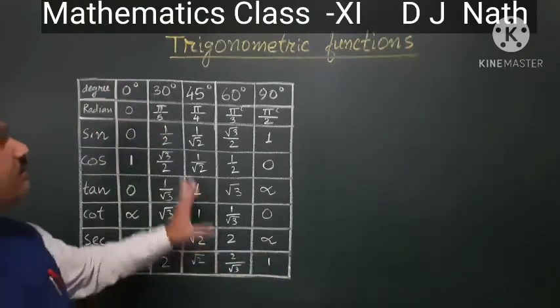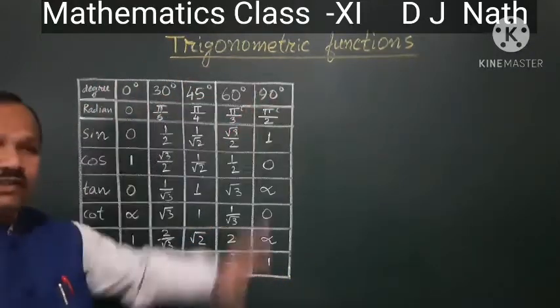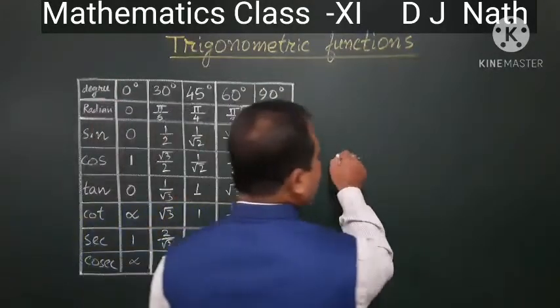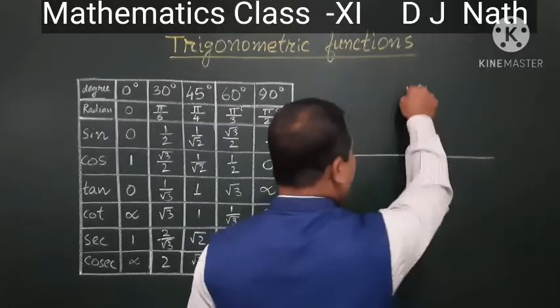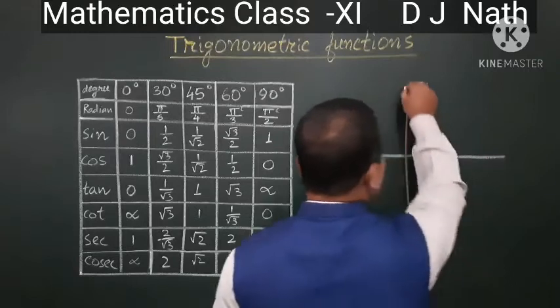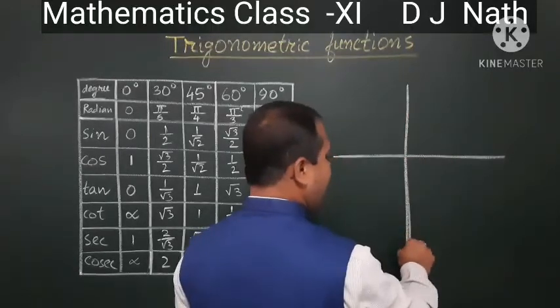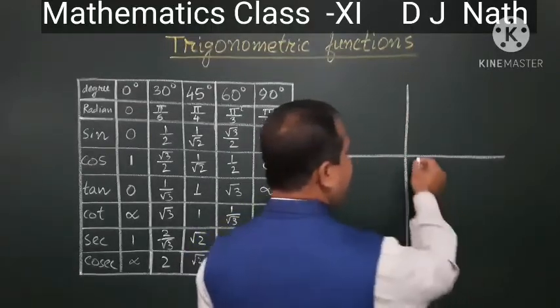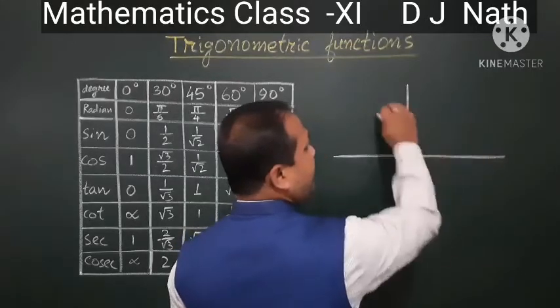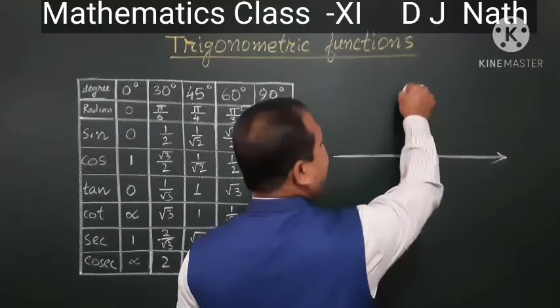So if we see this one, it is from 0 to 90 degree only. In coordinate geometry we have learned about the quadrants. So it is only the first quadrant, 0 to 90 degree.